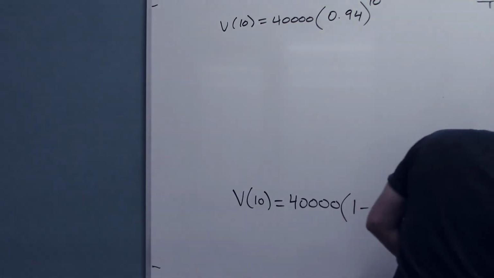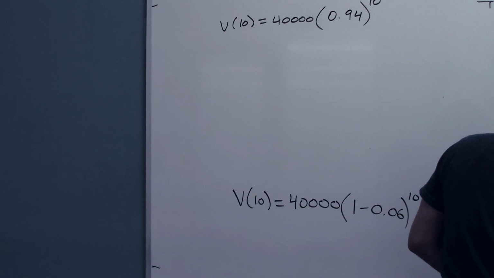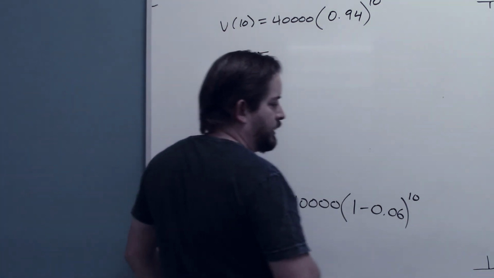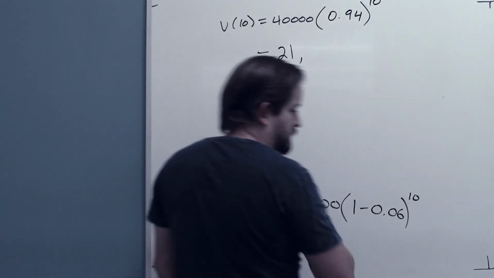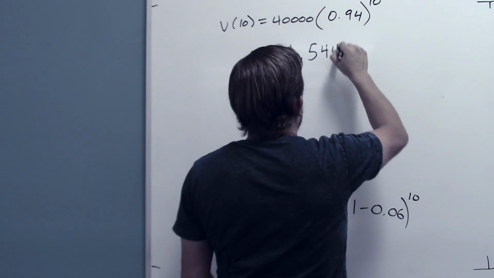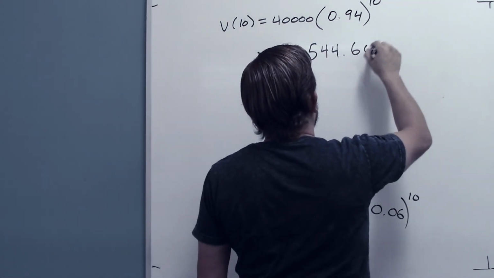But I'm going to skip the steps here, and 40,000 multiplied by that 0.94 raised to the 10 gives me $21,544, and I would round this to about 60 cents.